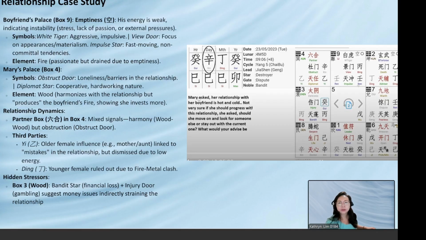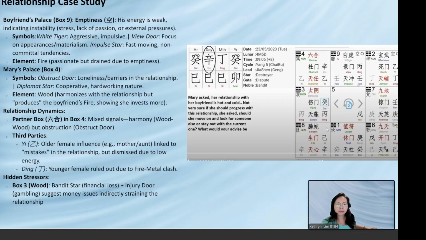All right. So the details of the learning in this case study, Master has gone through with us. I shall not go too deep into this, but basically we also learned that in a relationship, E represents an older female and Ting represents a younger female. Something new in this chart that I've learned is that Master highlighted that box 4 and box 3 are in the same element.